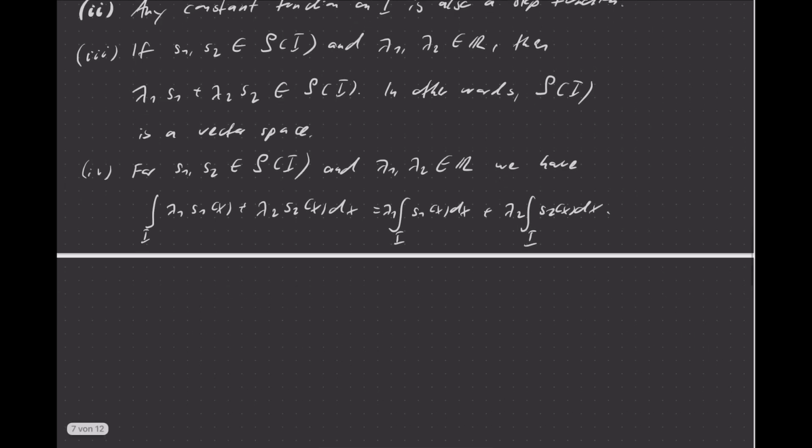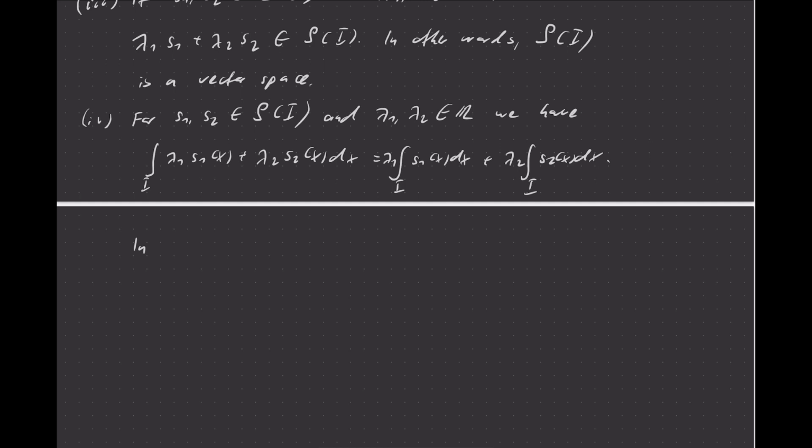In other words, the integral is a linear operator. The integral is a linear mapping that takes a function, a step function as an input, and outputs a real number.